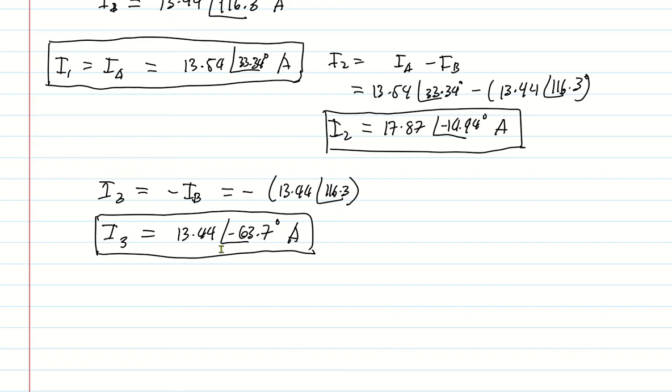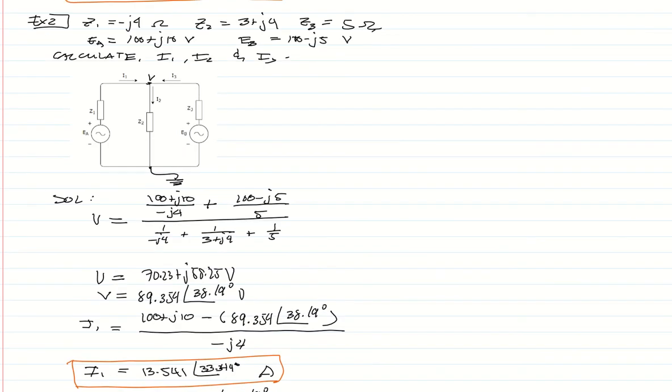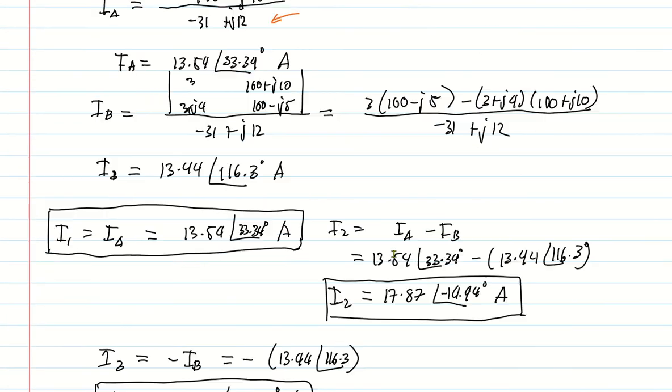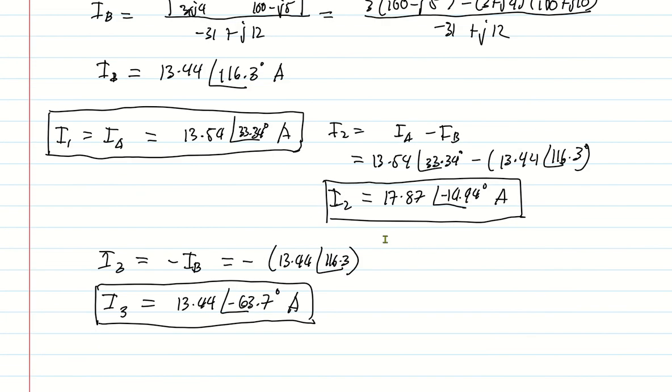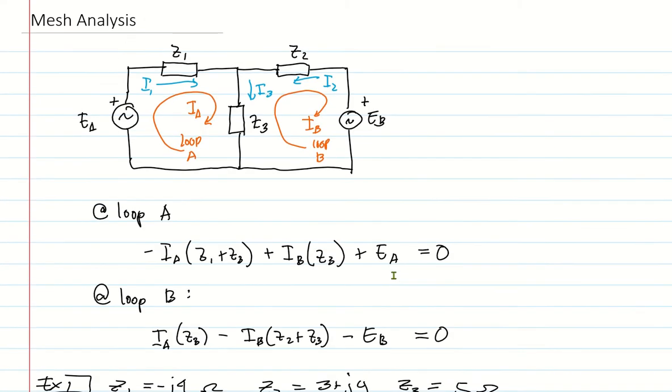And I3 is 13.44 angle negative 63.7. So our values are the same. We used different methods: we used nodal analysis, and we also used mesh analysis. So this is mesh analysis for AC circuits.